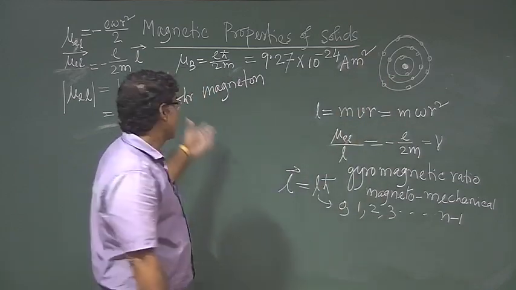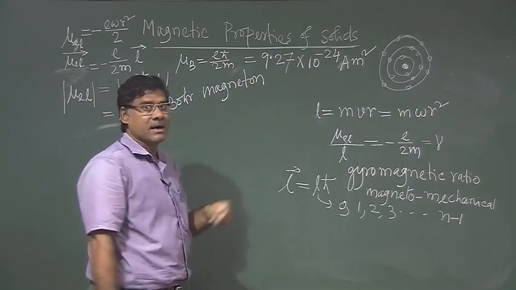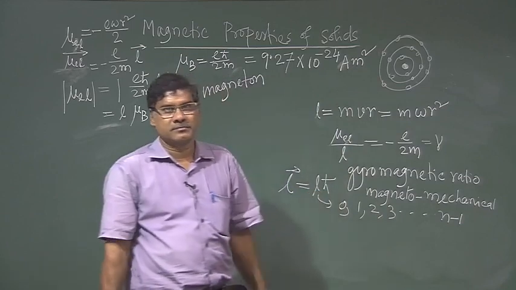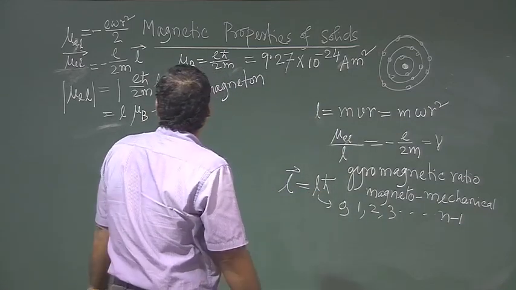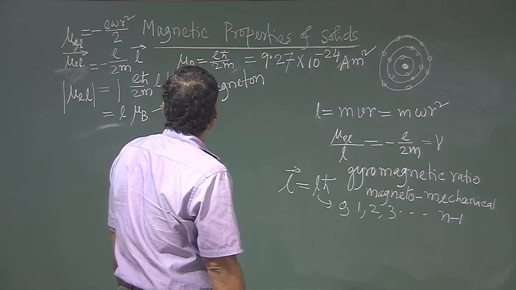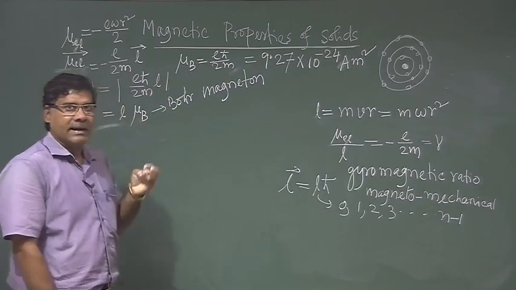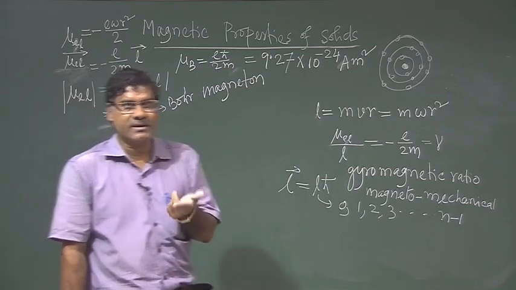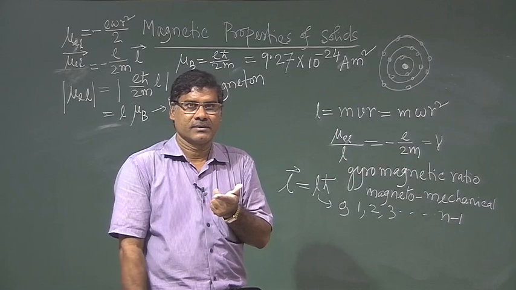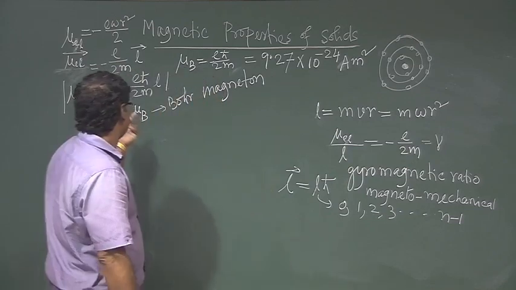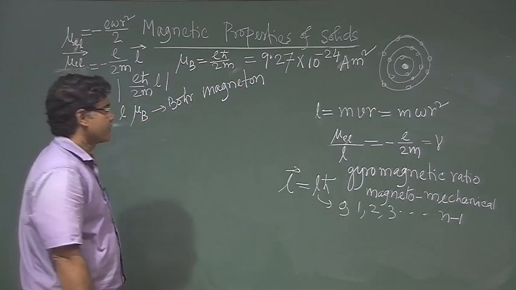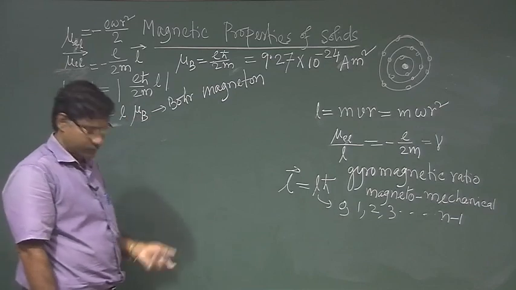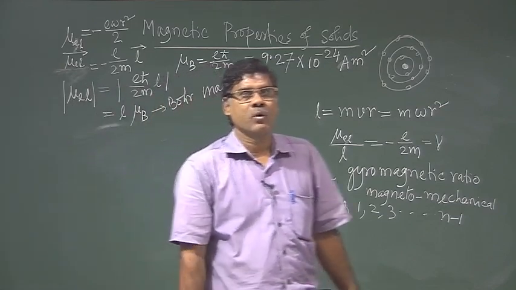Okay, that is the SI unit, current times meter square, because mu equals I A, current and area in meter square. Now, electronic charge is expressed in terms of the e unit. Similarly, the magnetic moment can be expressed in units of Bohr magneton.